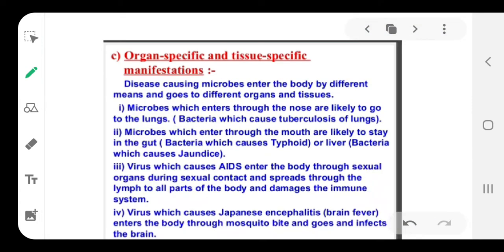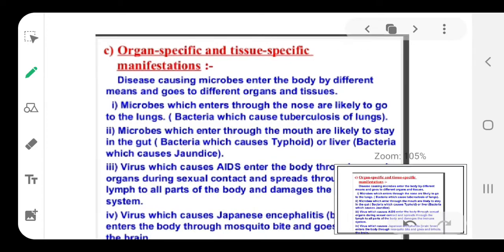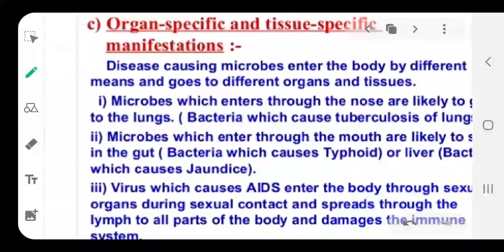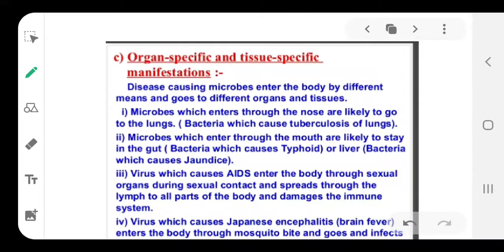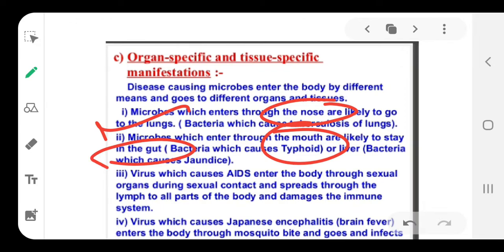Now, I have told you that how our body is affected depends upon how the microbe enters our body. Okay? If the microbe enters through the nasal chamber, it causes infection in the lungs. And if the microbe enters through the mouth into the gut, then the disease caused is typhoid, as well as jaundice.